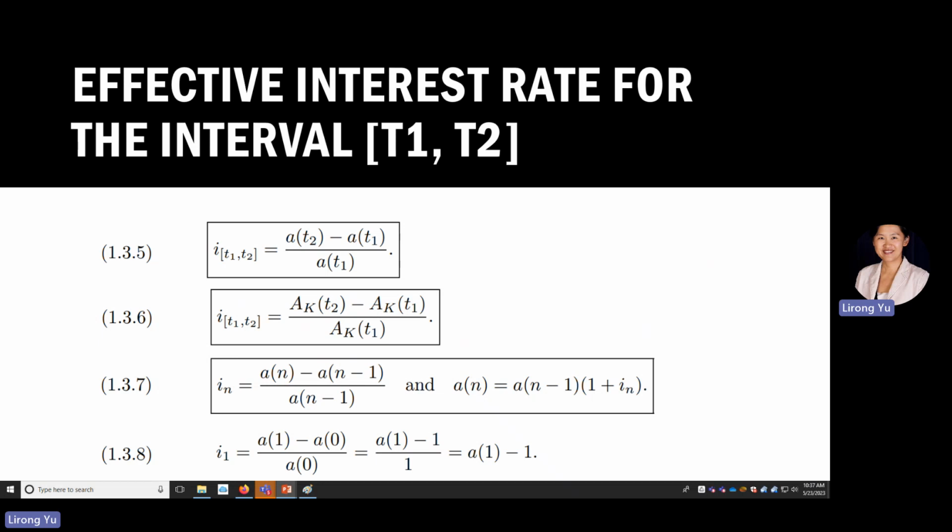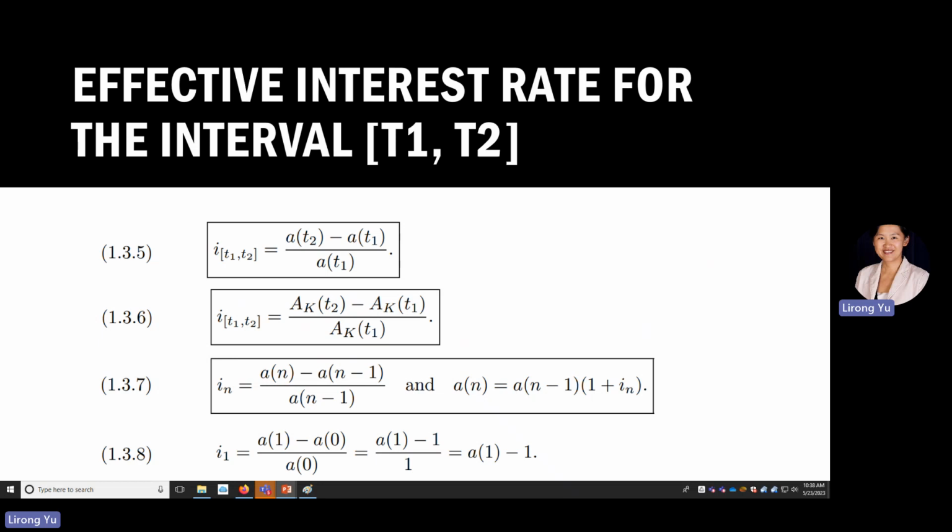Below, we're making it more specific to a certain time interval. So 1.3.7 is referring to the time interval n minus 1 to n. So that is the nth time interval. We're assuming n represents, for example, years. So from 0 to 1 is the first year, 1 to 2 the second year, 2 to 3 the third year, right? 0 to 1, 1 to 2, 2 to 3, 3 to 4, and that's the fourth year.